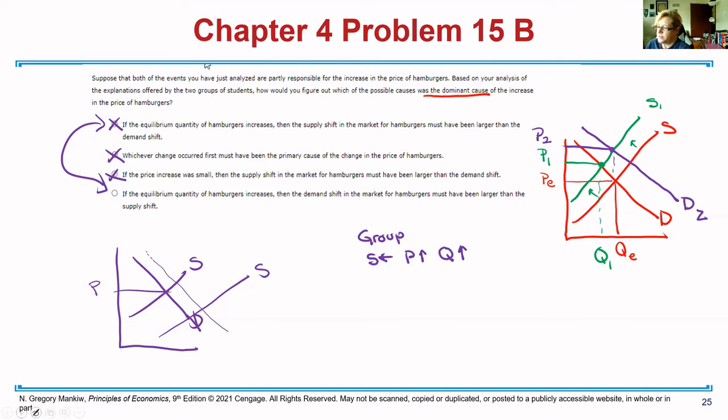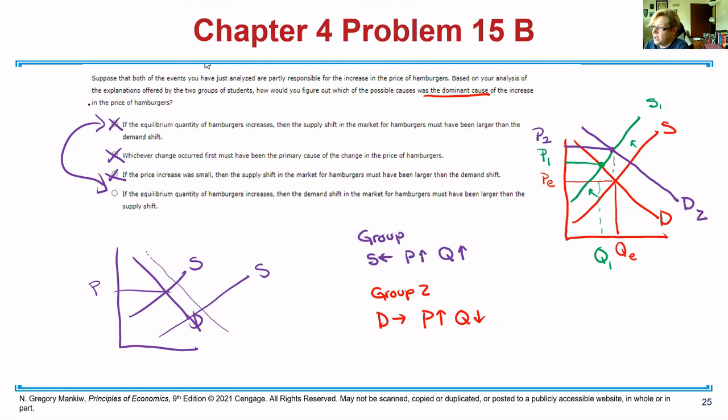For the second group of students, who believed it was a demand issue, the demand curve increased. Price went up, but the quantity went down.